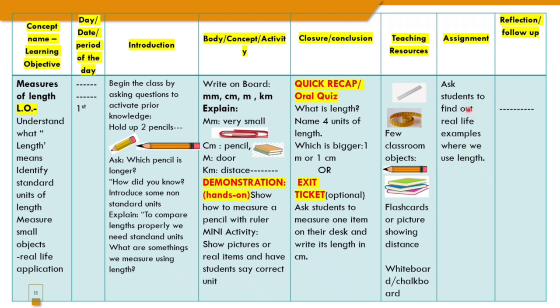Ask students to find out real life examples where we use length. This kind of assignment you can give, and reflection will be done later. Later here means after you have completed the class or your session, then you find out what went well or what needs to be improved. So in this case, you will leave it blank.